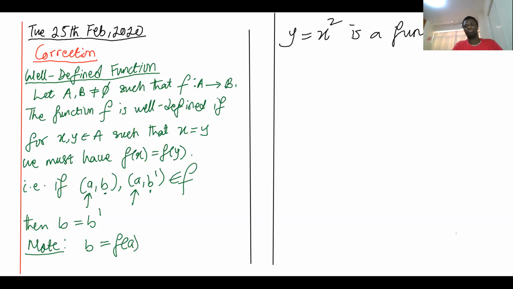Let's see. If my domain is set of R, is there any element in R that X cannot take as value? Any value in any real number that X can't take as value in this function?